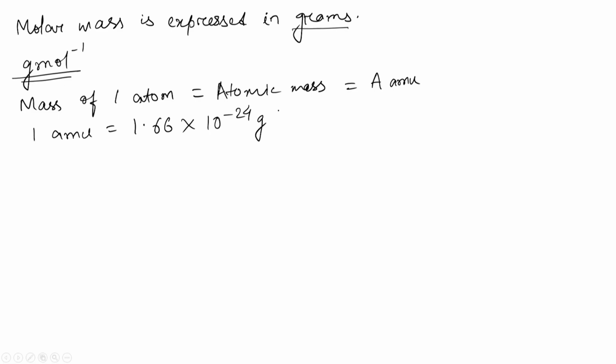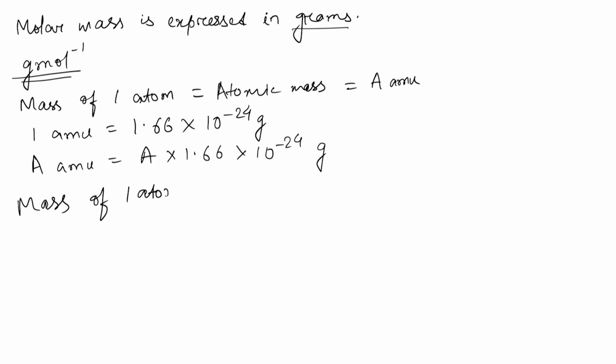So, A AMU will be A into 1.66 into 10 to the power minus 24 grams, right? So the mass of one atom is equal to A into 1.66 into 10 to the power minus 24 grams.